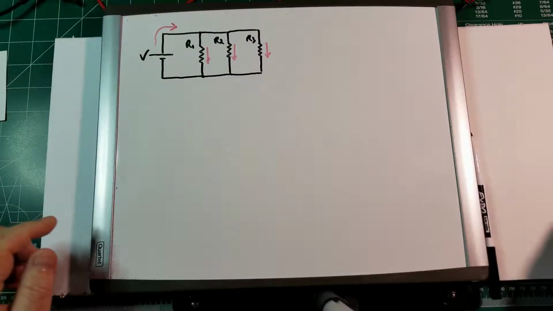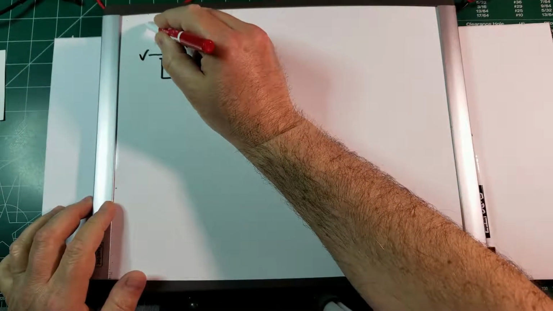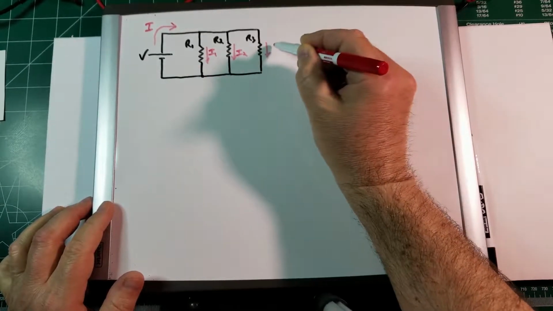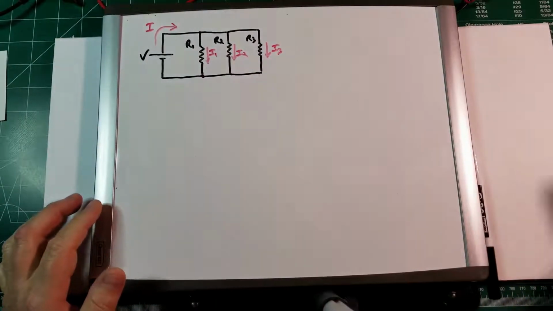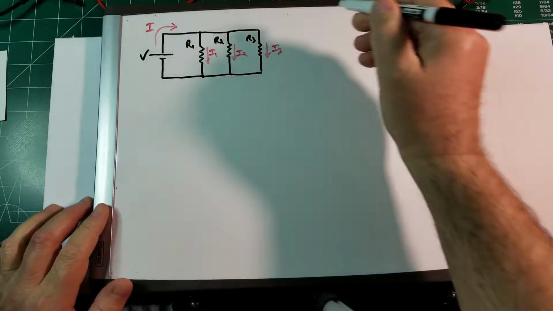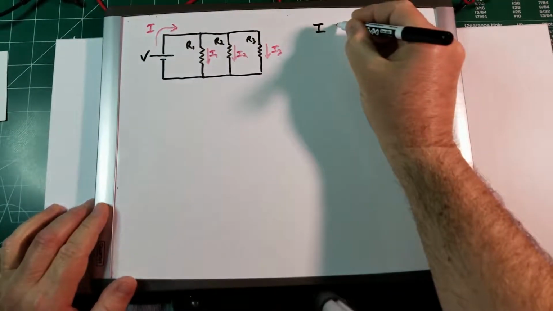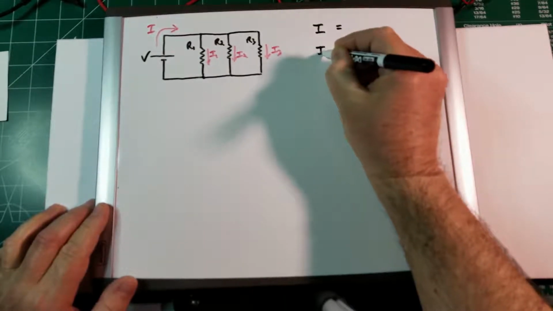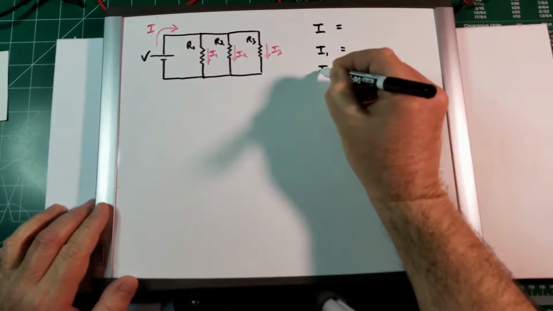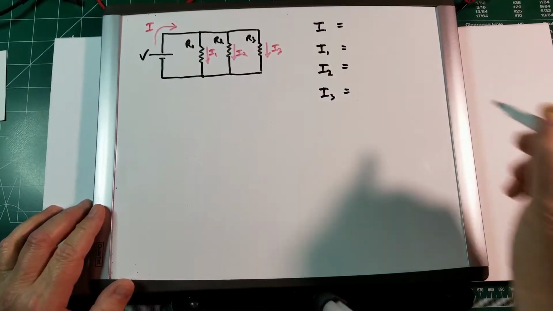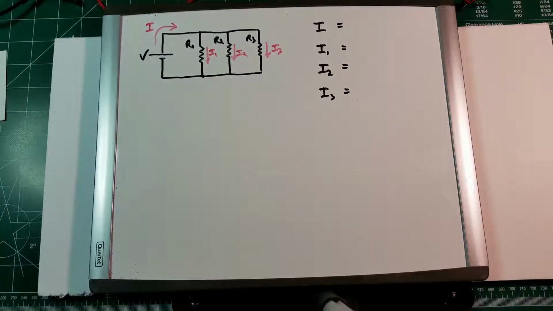Let's call the first current I, then I1, I2, and I3. And we are going to create this circuit, and we are going to measure all these currents, and we are going to write down the values over here. Then we will talk about the results of these measurements, what they mean.